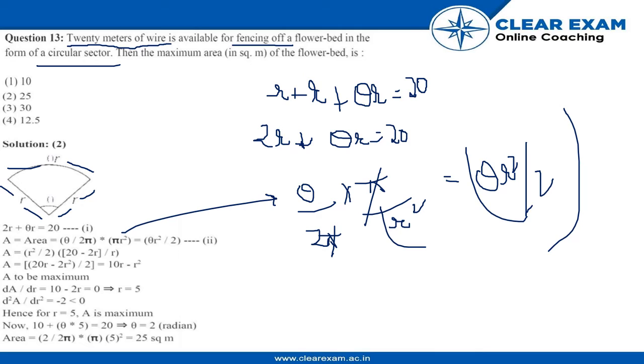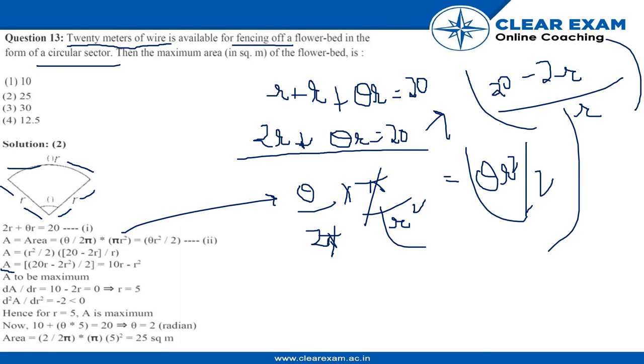Now what we are going to do is take the value of theta from this particular equation and put that in the equation of our area. Here theta would be calculated as 20 minus 2r upon r.